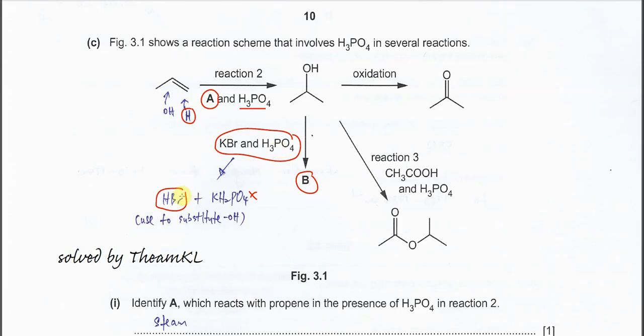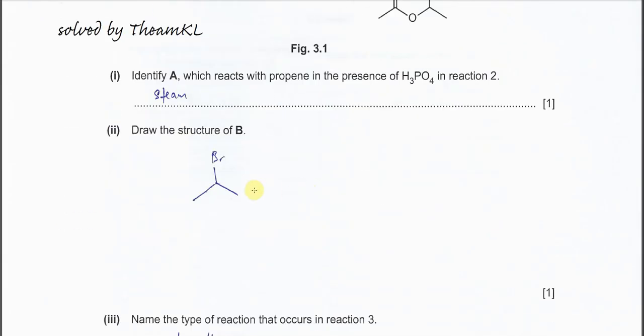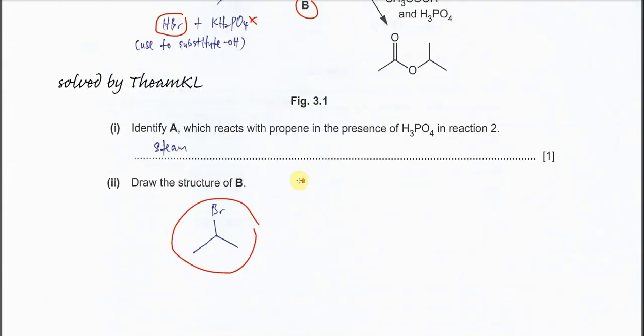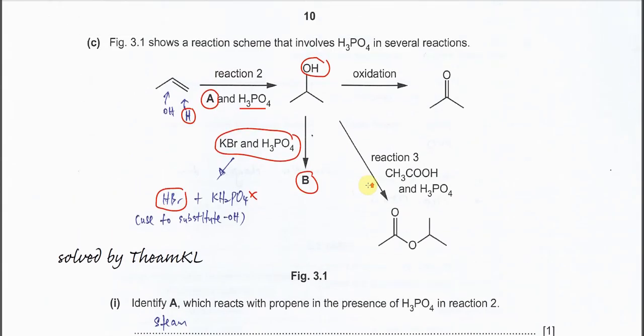And the HBr, once it's formed, will be used to substitute the OH in the alcohol. So this OH is substituted by bromine. Therefore, it will form 2-bromopropane, which is this one. And of course, this alcohol will undergo oxidation here.